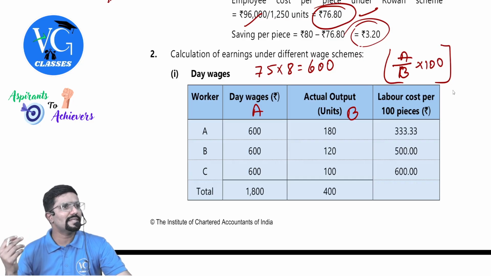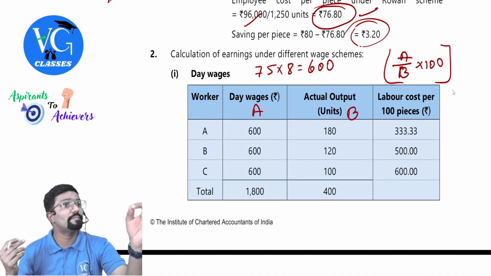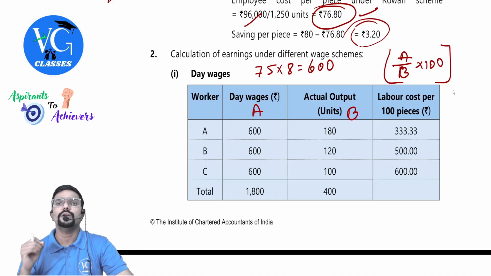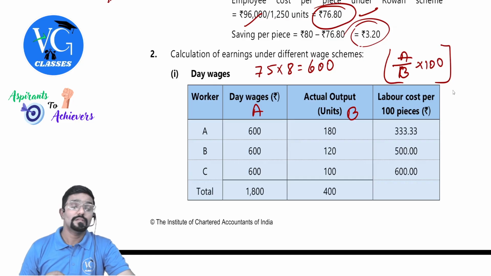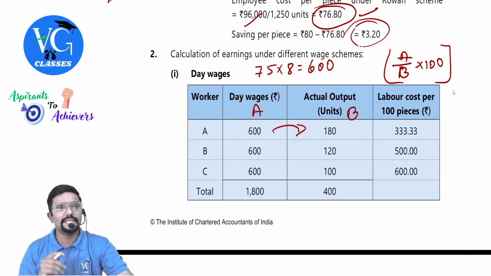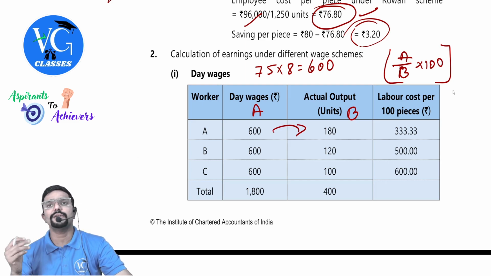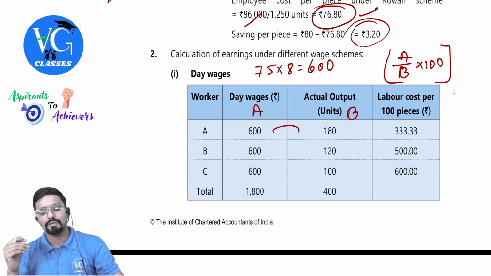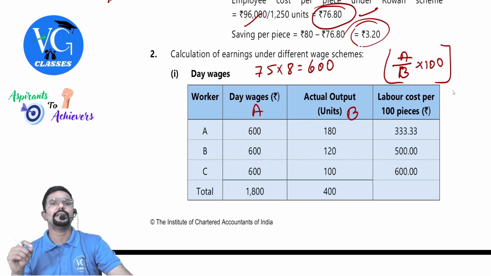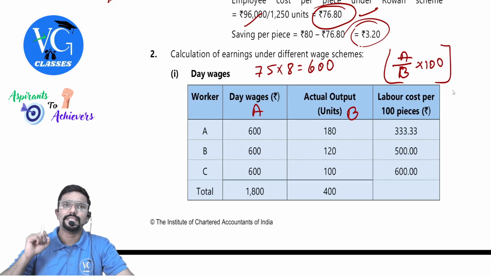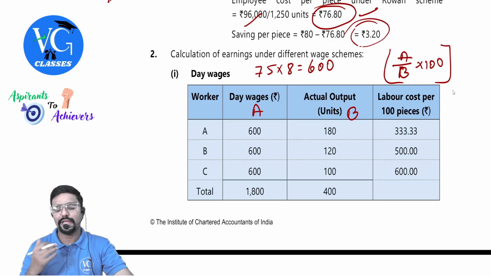But they are asking per 100 pieces, so just dividing is not enough. You should also multiply it by 100, guys. You can cross check: 600 by 180 into 100 gives 333.33. Likewise, you have to do for B and C.